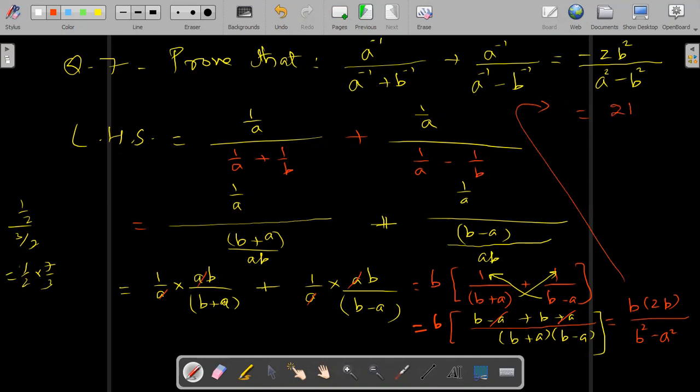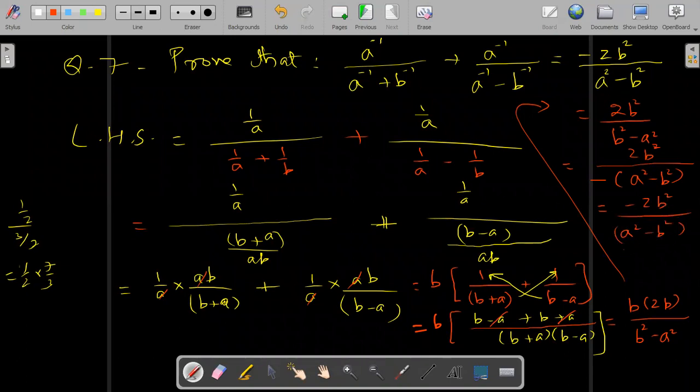We got 2b square upon b square minus a square. But we need to bring a square minus b square. So what will we do? We will take minus common. When you take minus common, this will become a square minus b square. And this minus in the denominator can be written in the numerator also: minus 2b square upon a square minus b square is equal to the right hand side. True.